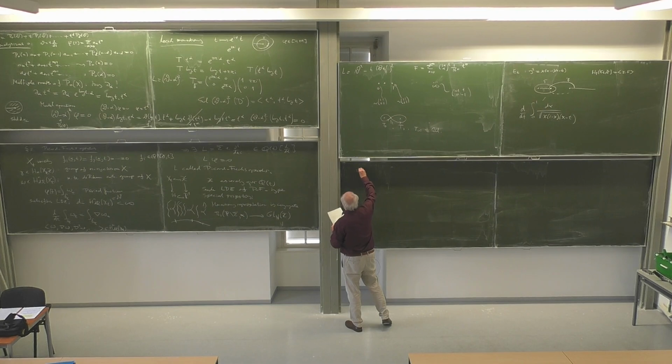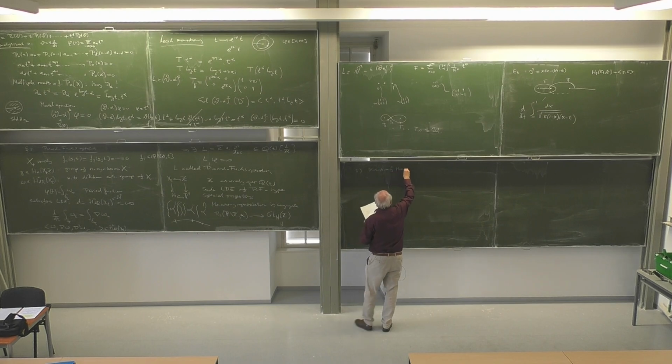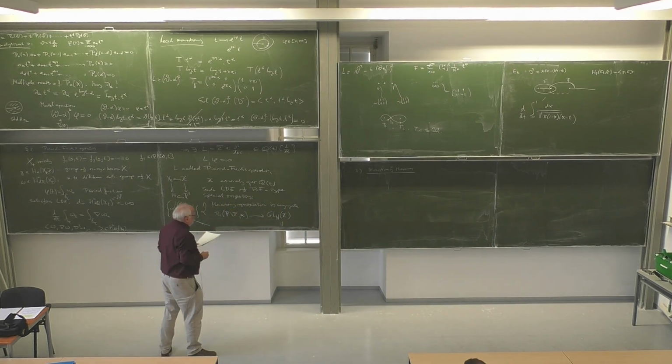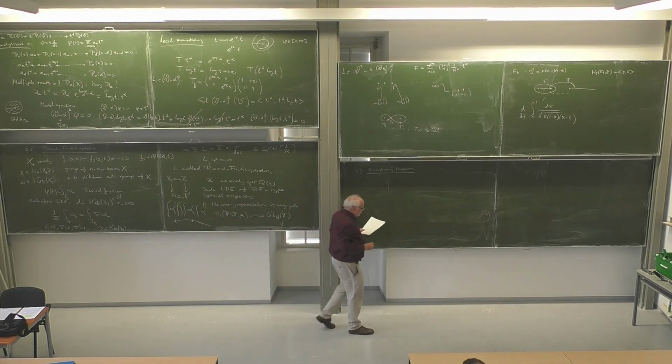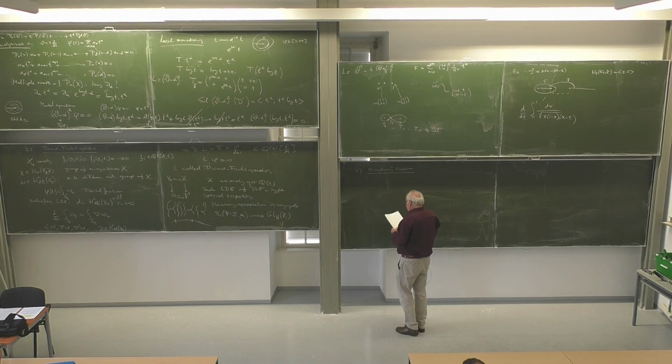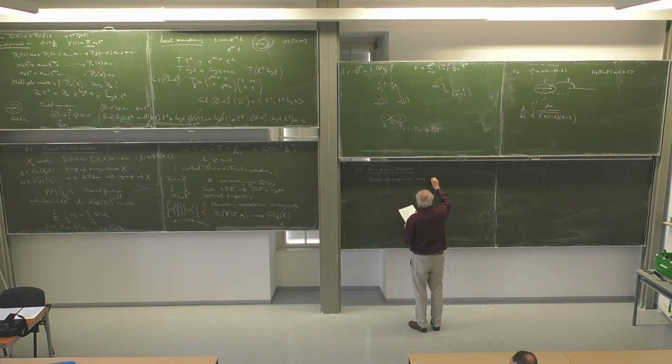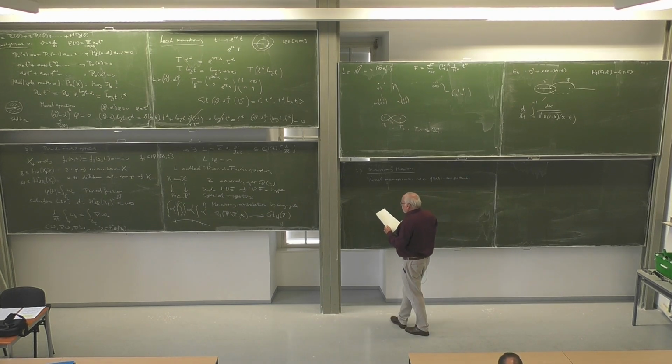The second property is the so-called monodromy theorem, saying that the local monodromies are quasi-unipotent.